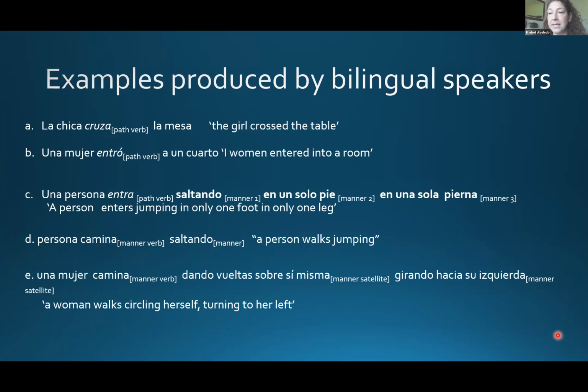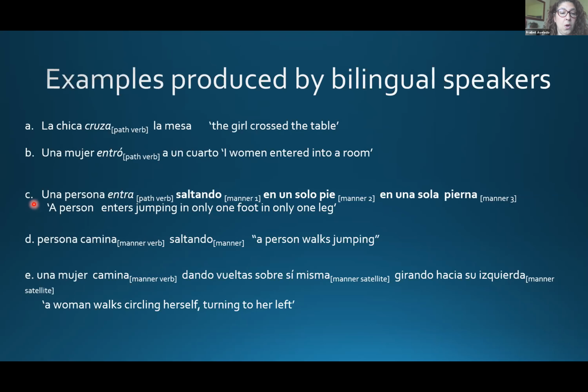What is interesting is that, as I said, I haven't done statistics here, there seems to be an important difference in how a Spanish monolingual will do it compared to a bilingual in Spanish. So look at these examples.